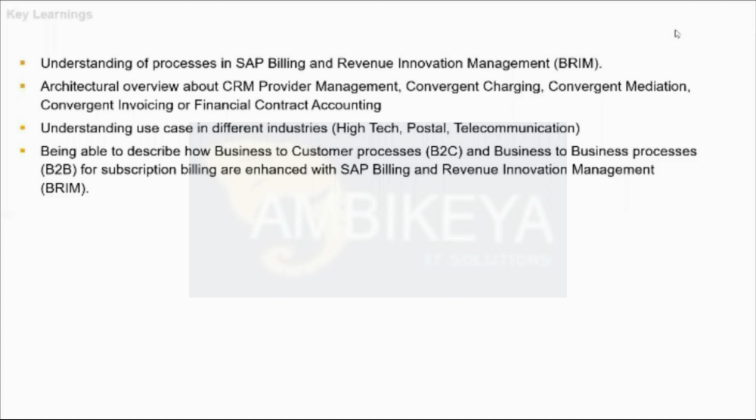But if you have a complex price model, like in the parcel industry with so many attributes, it's reasonable to use BRIM. Of course there are use cases in between.